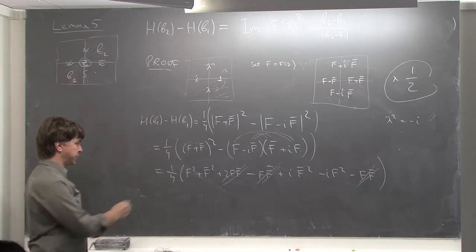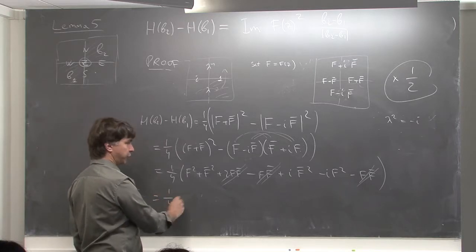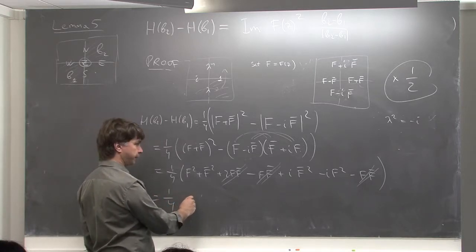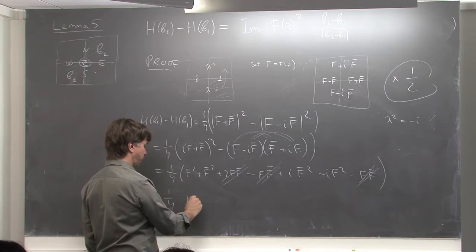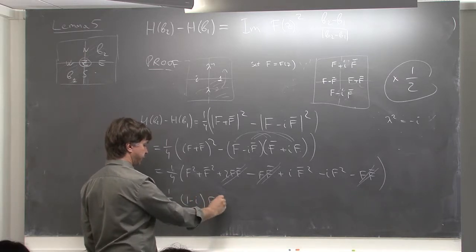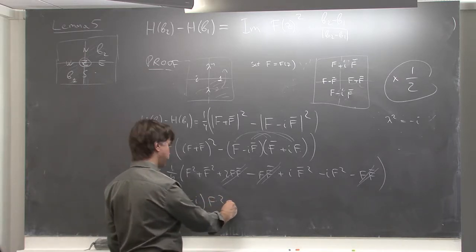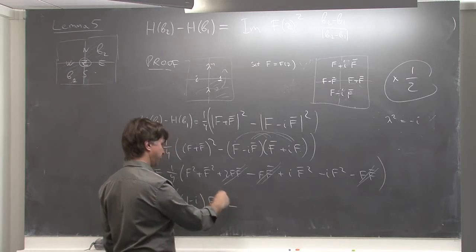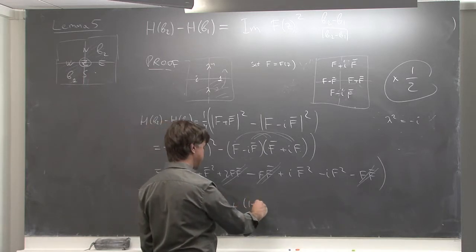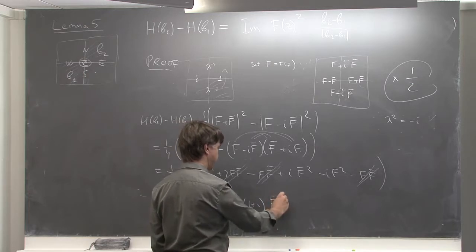And what we basically have is 1/4 of (1 minus I) f squared plus (1 plus I) f bar squared.